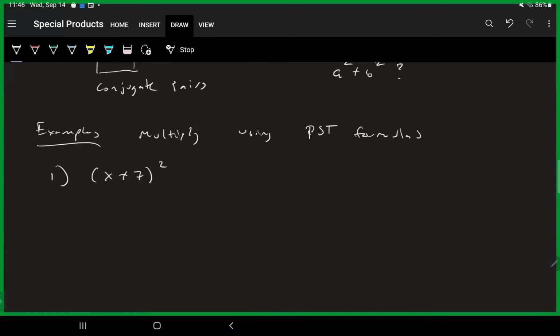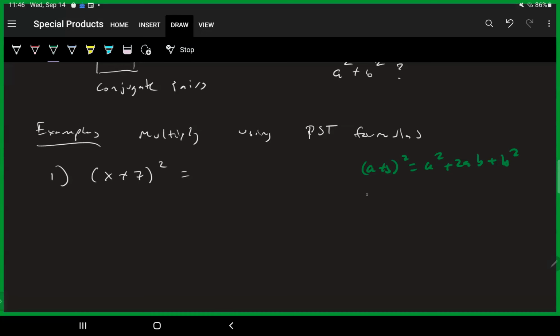If I'm wanting to know what x plus 7 quantity squared is, let me write this off to the side. I know a plus b squared is a squared plus 2ab plus b squared from our formula. How does this apply to a problem like this?